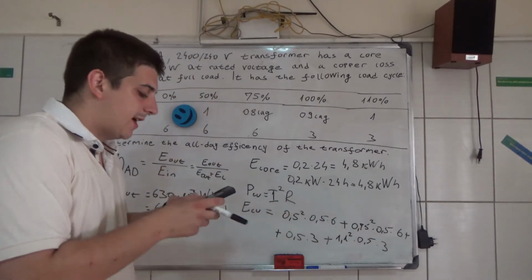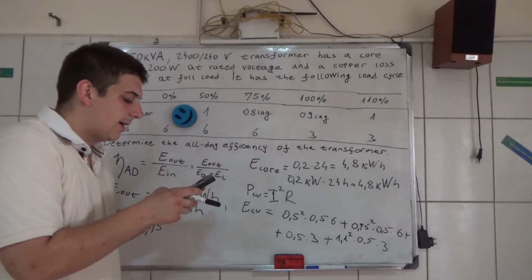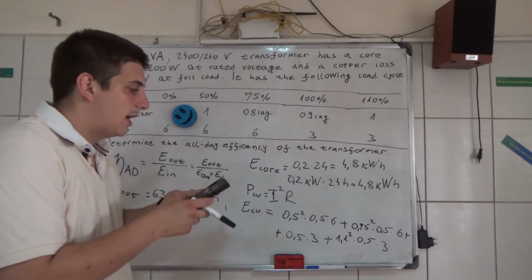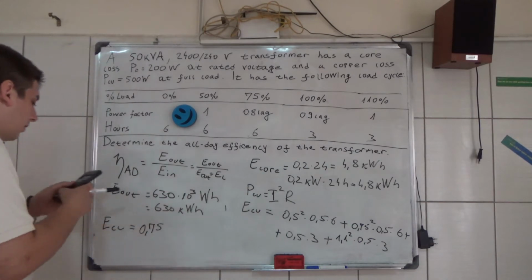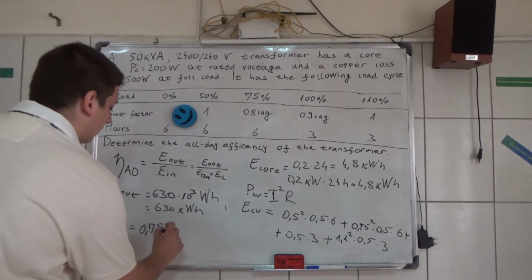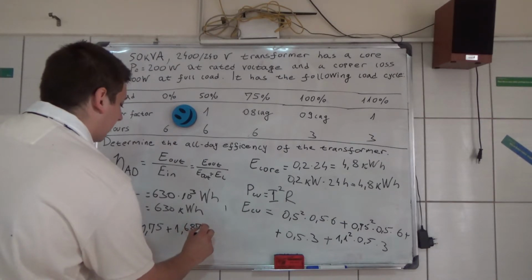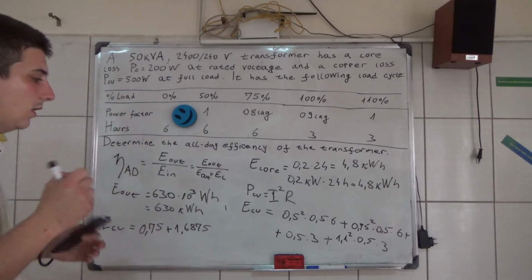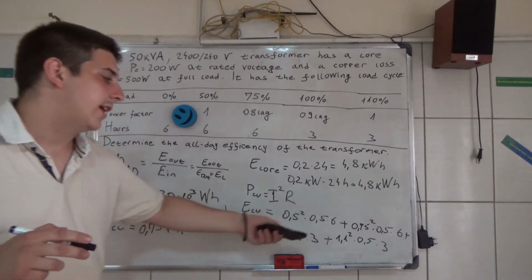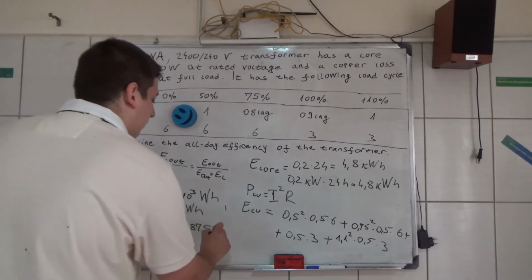Then 0.75 squared times 0.5 times 6 is 1.6875. Then 0.5 times 3, that is 1.5.